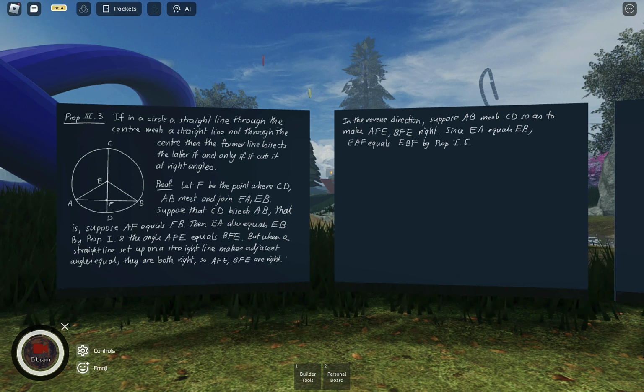And we have EA is equal to EB. So the remaining angle has to be equal. Yeah. So proposition 5. It just says in isosceles triangles, the angles at the base are equal to one another.